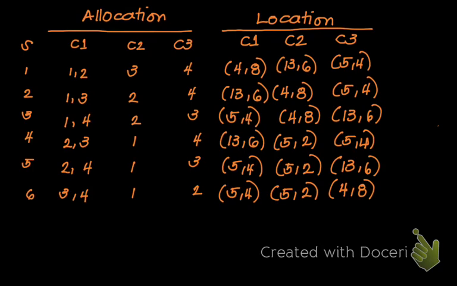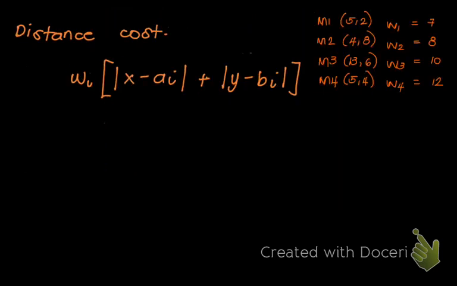Now, going back to our location and allocation, for the first combination, kailangan natin ma-solve yung distance cost between moving machines 1 and 2, which is located at 4 and 8. So, writing machine 1 and 2.